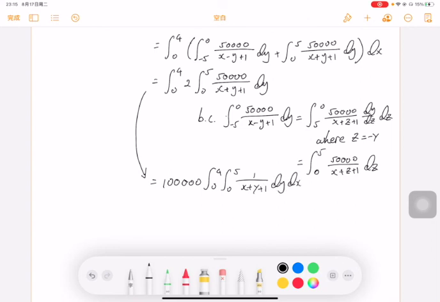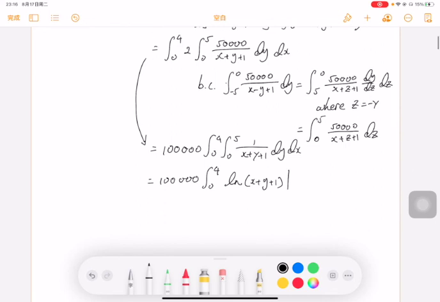Oh, I'm missing the dx here. And this is 100,000 times the integral from 0 to 4 of ln of x plus y plus 1. Note that we don't really need the absolute value here because x and y are both non-negative. And here y evaluated from 0 to 5, and then dx.